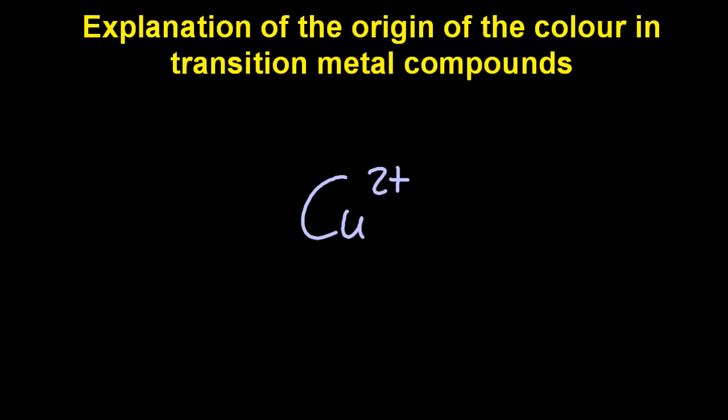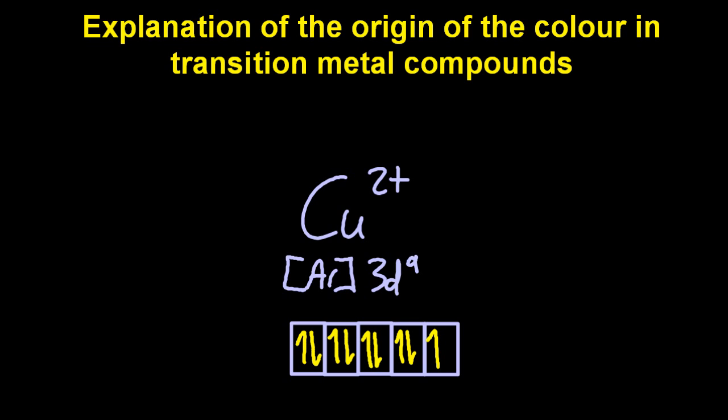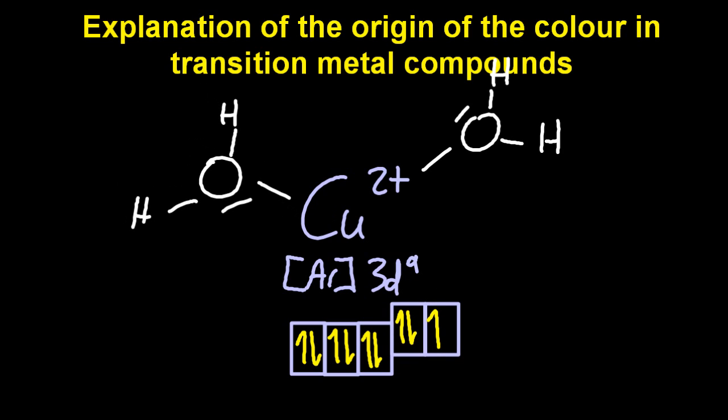Explanation of the origin of the colour of transition metal compounds. Alrighty, so there's copper 2+. I'm going to draw out the d orbital, the 3d9. Lovely. And so when ligands come in, for example water, they make a dative covalent bond with a lone pair of electrons, and once those ligands have done that, the d orbital will split 3 to 2.